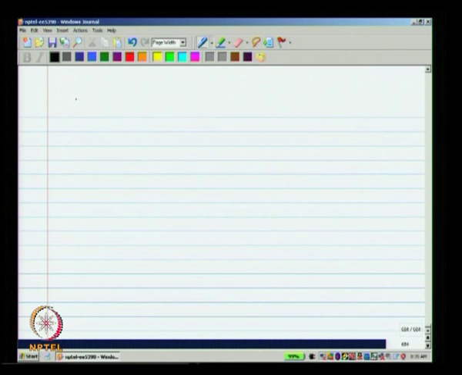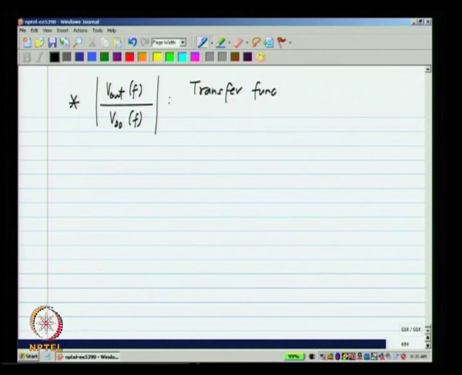So, in addition to this you also have this parameter V out of f by VDD of f. This refers to basically the transfer function, of course for small signals, from VDD to V out.